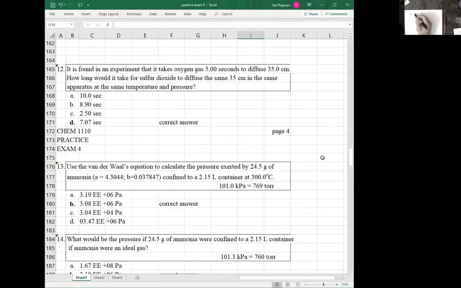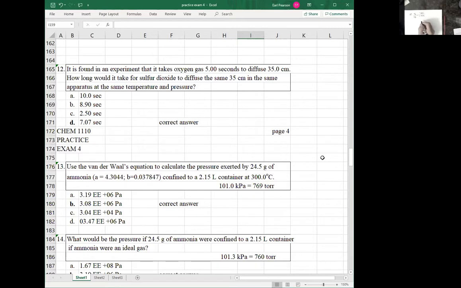The velocity is inversely proportional to the square root of the molecular weight, inversely proportional. So label number 2 is in the numerator of velocity, but it's in the denominator under the radical. Okay, so let's put in the numbers and see what we can get.